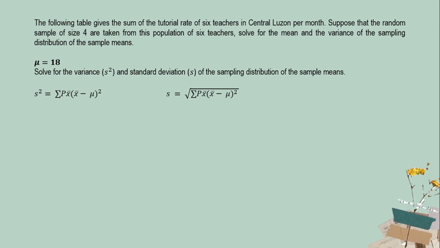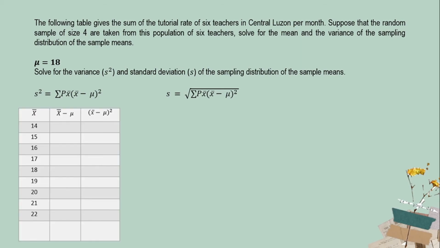Next, we're going to solve for the variance and standard deviation of the sampling distribution of the sample means. Let's go first with the variance. So since the mu or mean we got is 18, then we subtract it from the x bar. So 14 minus 18 is negative 4. 15 minus 18 is negative 3, negative 2, negative 1, 0, 1, 2, 3, and 4.